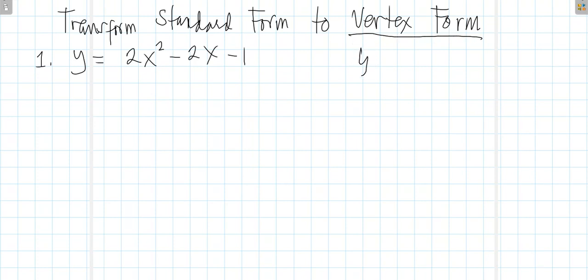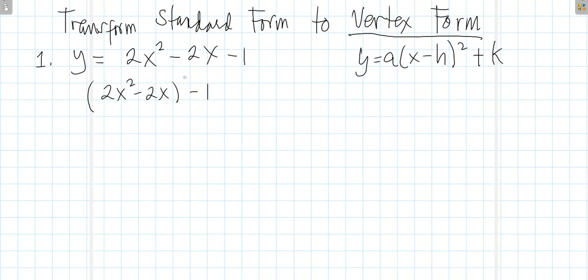Your vertex form is a times x minus h squared plus k. Okay, so using this, first we're going to use completing the square. This is just transforming standard to vertex. So first you're going to regroup this.